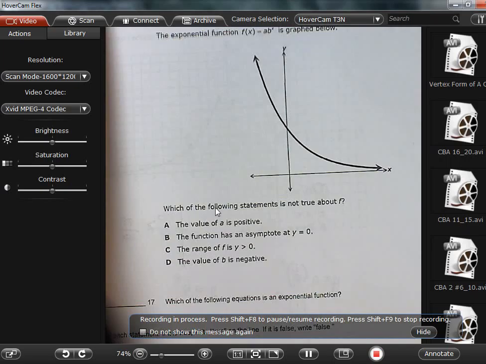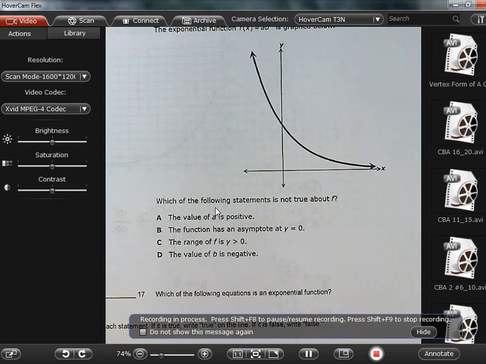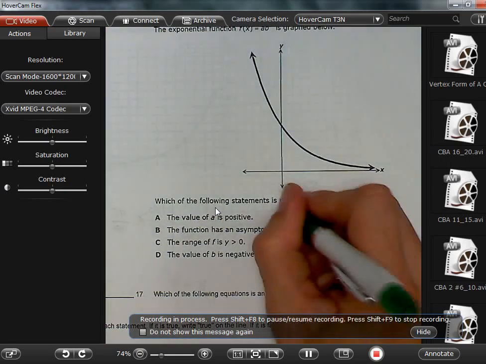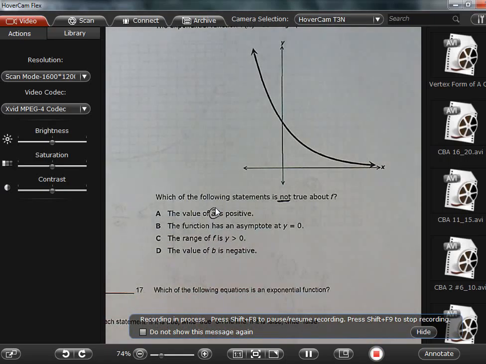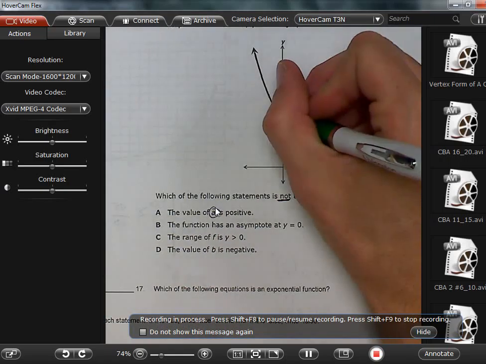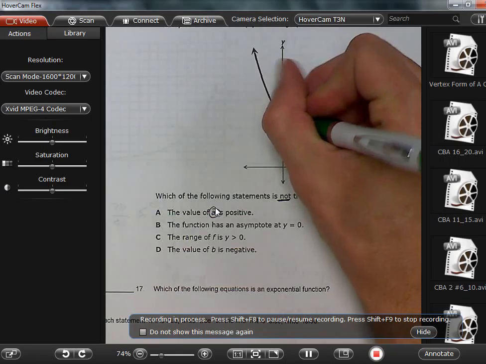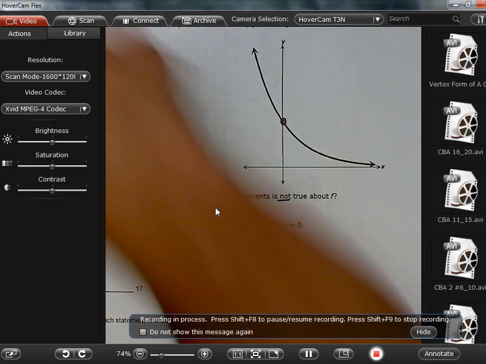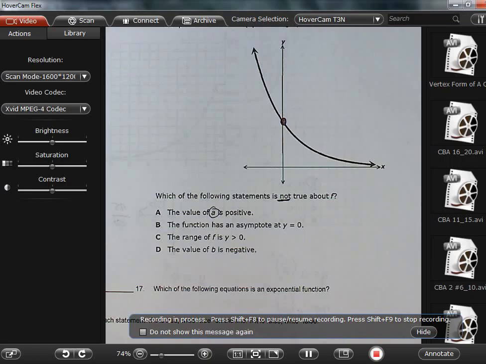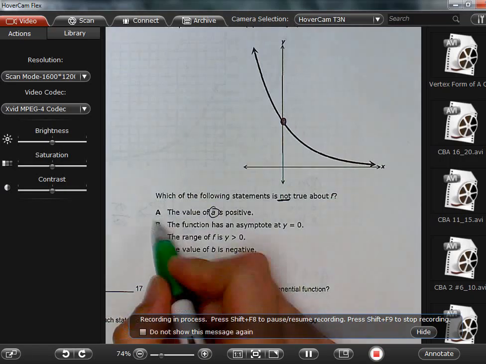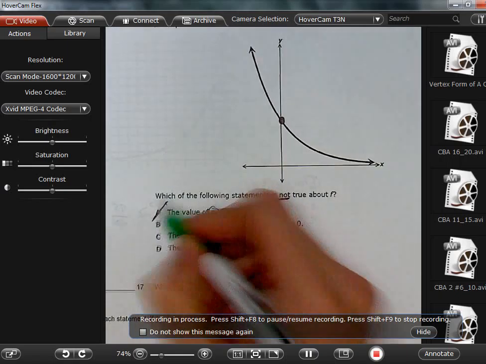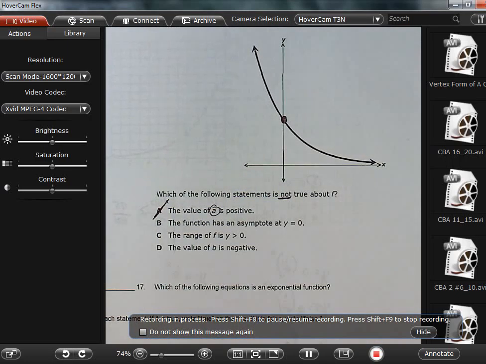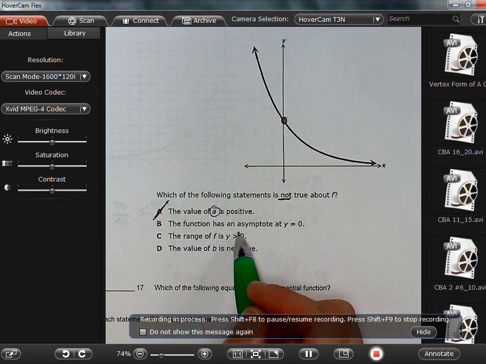All right. What is not true? Remember, a is my starting point. It's where it crosses the y-axis. Is that y value positive? Is this y value positive right here? Yes. It's gone. The function has an asymptote of y equals 0.